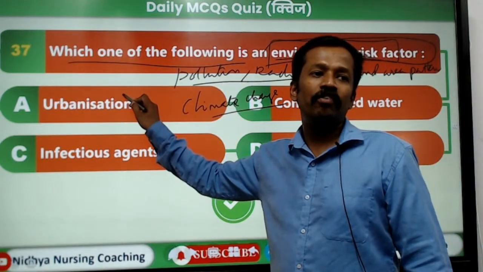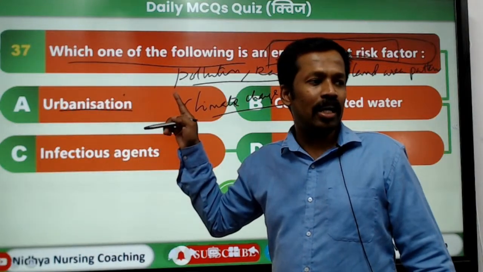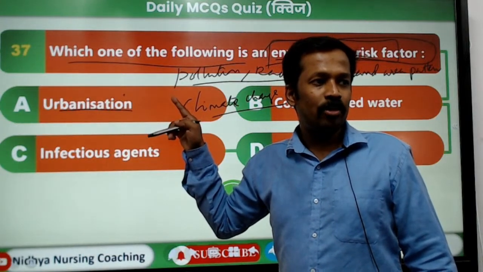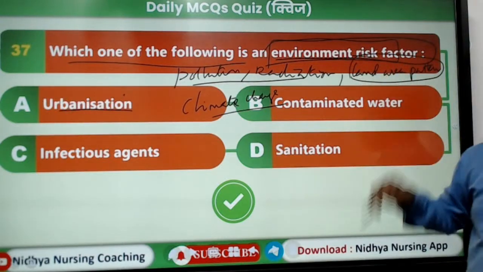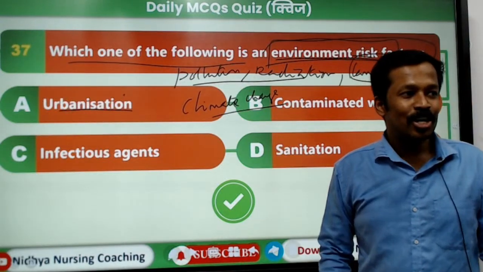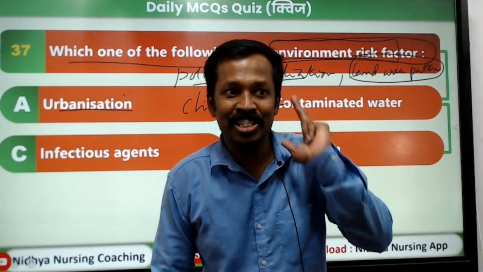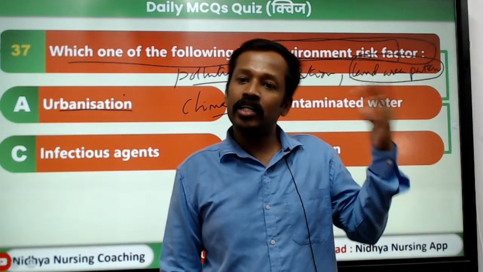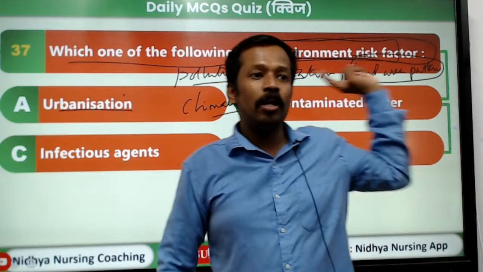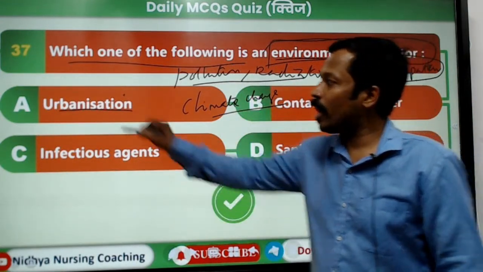Urbanization. Is it an environmental risk factor? Then what is it? Land area pattern. Rural, urban, everything comes under urbanization. They didn't give it directly. Land area pattern also comes under environmental factors. So urbanization, ruralization, that is also one of the environmental factors.